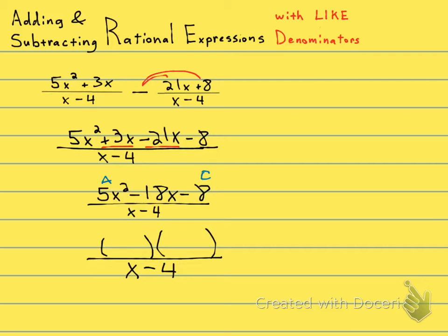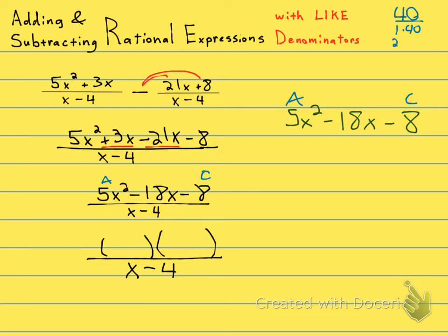So I have 5x squared minus 18x minus 8. A times C is 5 times 8, which is 40. And I'm going to list all the pairs that would multiply to give me 40. So it could be 1 and 40.